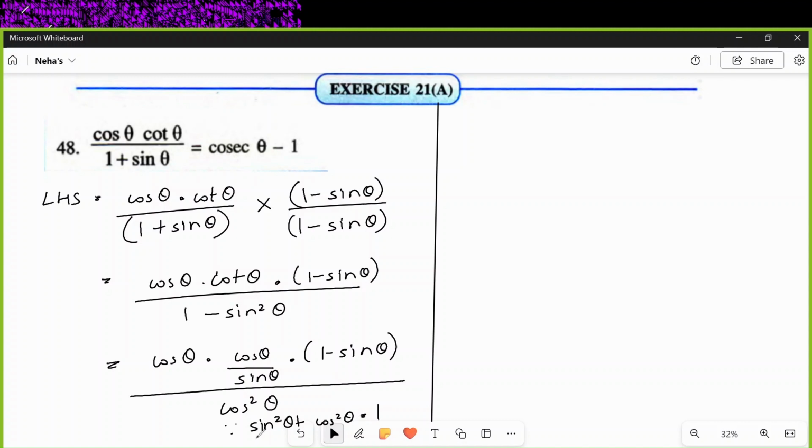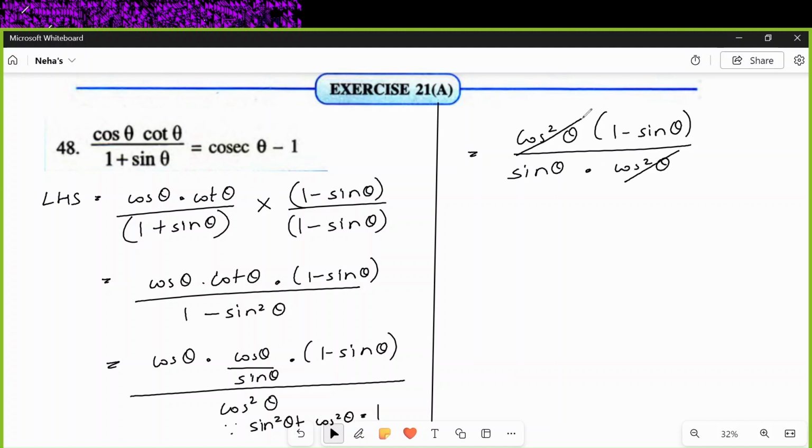Therefore, 1 minus sin square theta is equal to cos square theta. Now, this can be further rearranged as cos theta into cos theta will give us cos square theta, which is multiplied with 1 minus sin theta. This sin theta now would move in the denominator. So, this is sin theta into cos square theta.